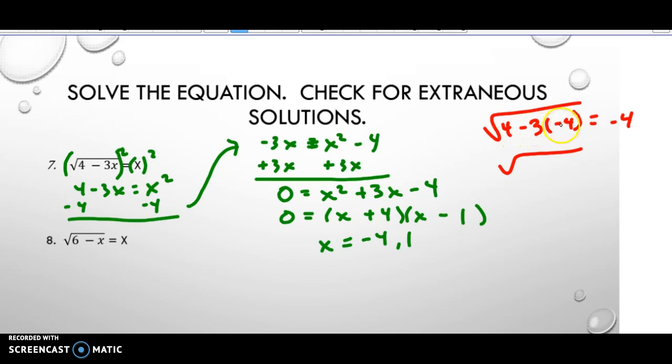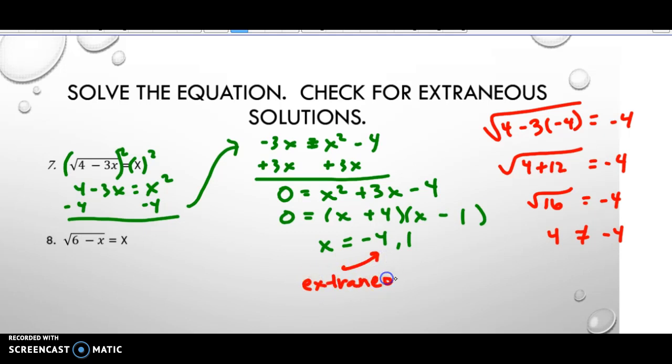So -3 times -4 is 12, so this is 4 plus 12 equals -4. 4 plus 12 is 16. The square root of 16 is 4. 4 does not equal -4, so this looks to be an extraneous solution. So it's just an extra one that doesn't actually check out.